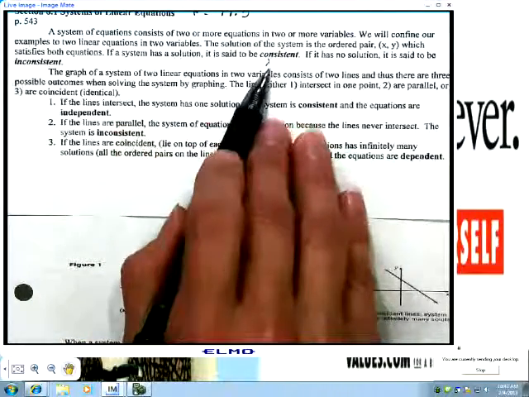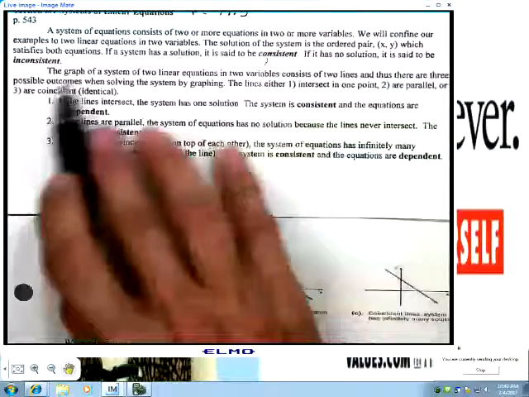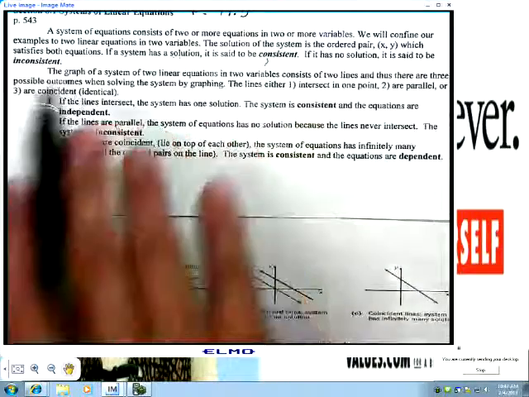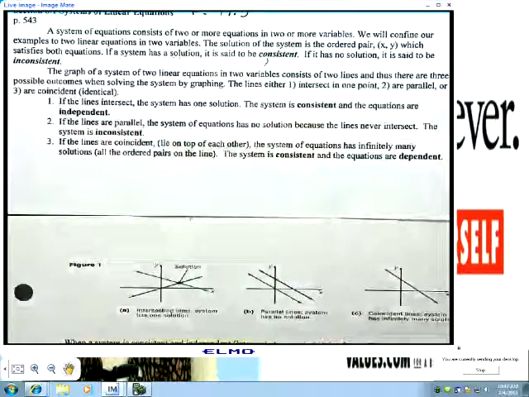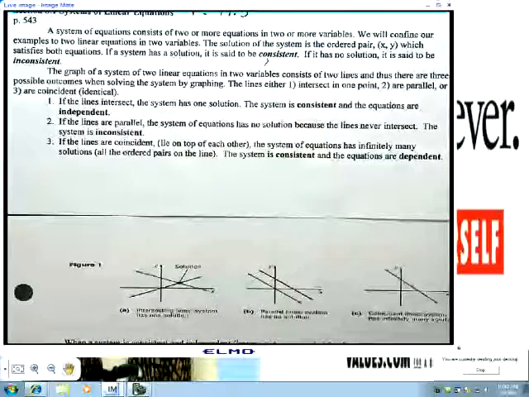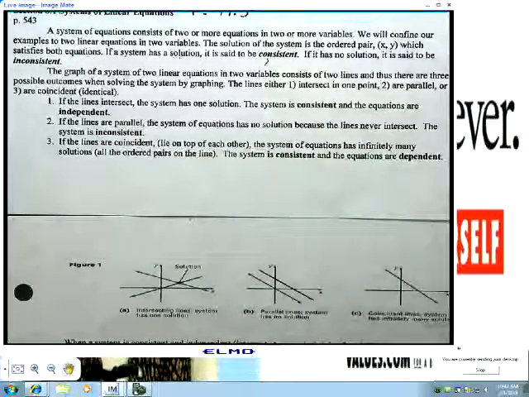And if it has no solutions, it is called inconsistent. I used to not mention those words in class, but they ask in my math lab, so I had to go ahead and tell you what consistent and inconsistent are. Inconsistent just means no solution. Consistent means at least one solution.